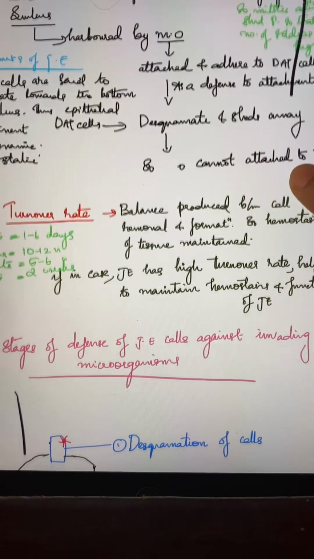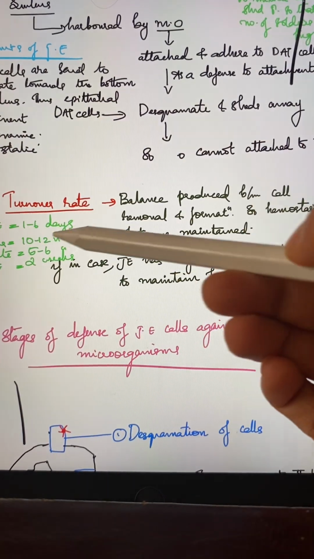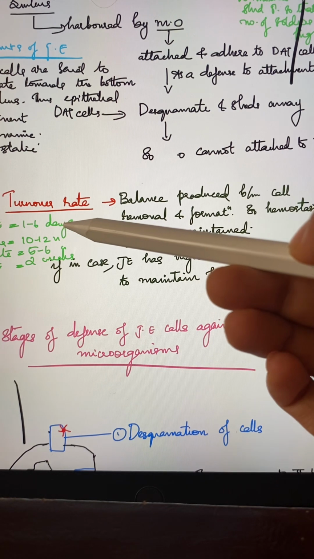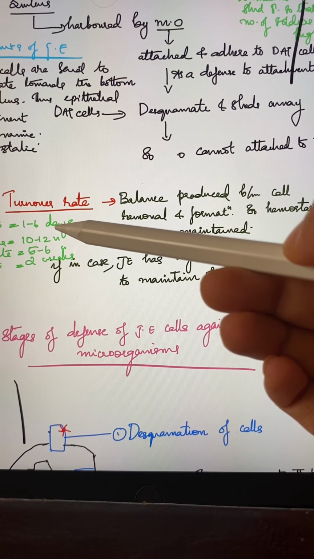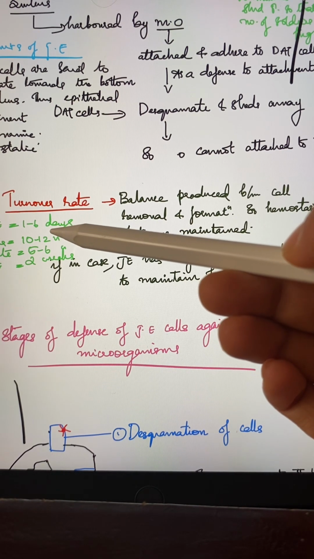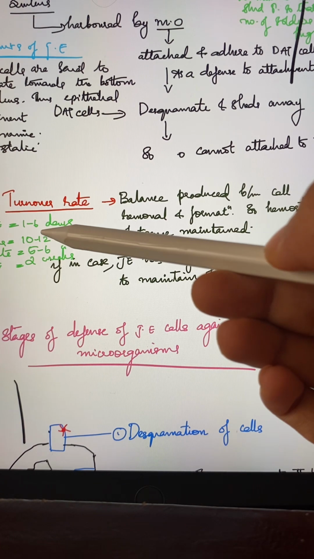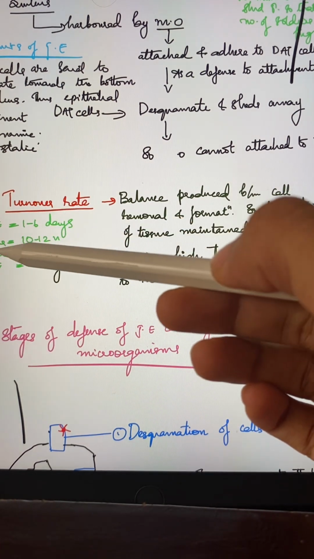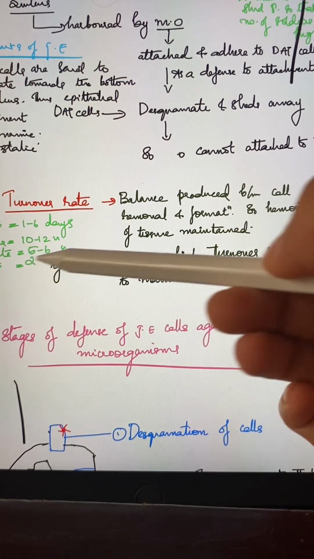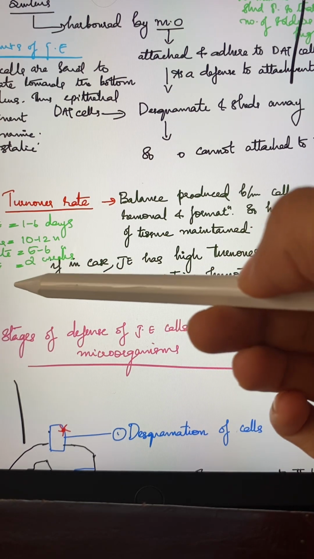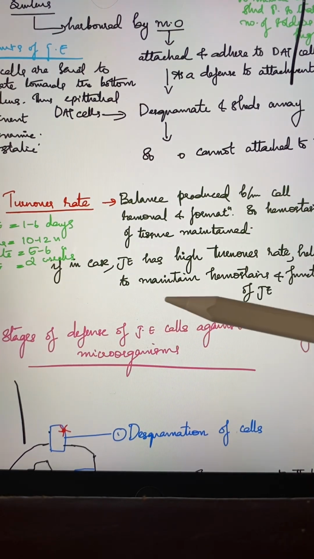The turnover rate of the junctional epithelium is 1 to 6 days, so it has a rapid turnover rate, which helps against the attachment of microorganisms. But the turnover rate of gingiva is 10 to 12 days, palate is 5 to 6 days, and outer epithelium is 2 weeks.